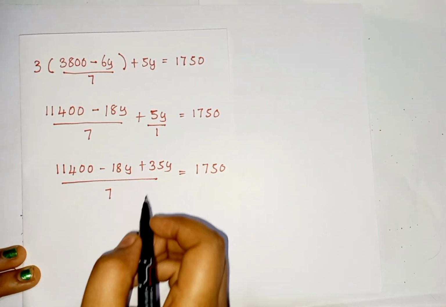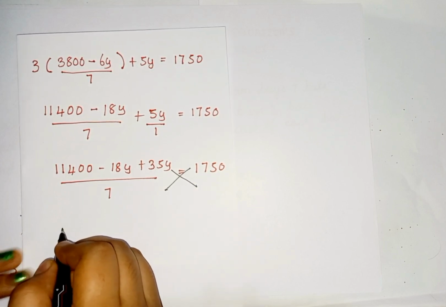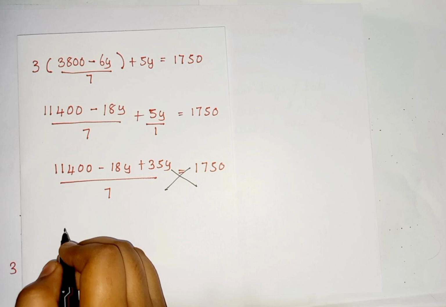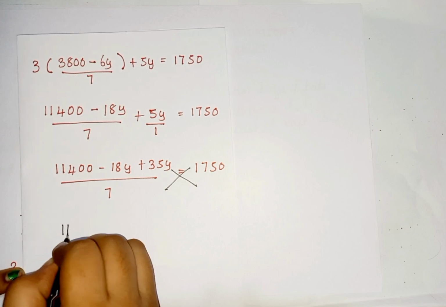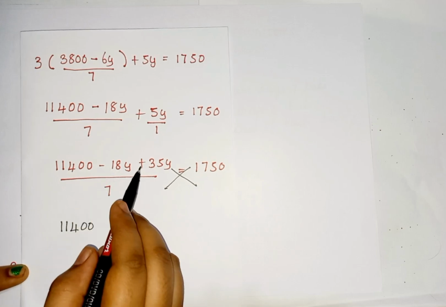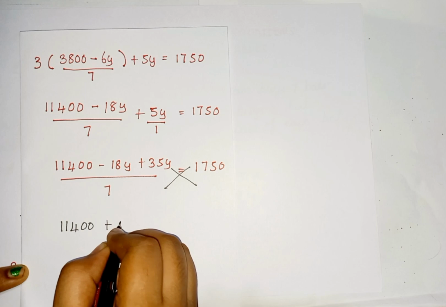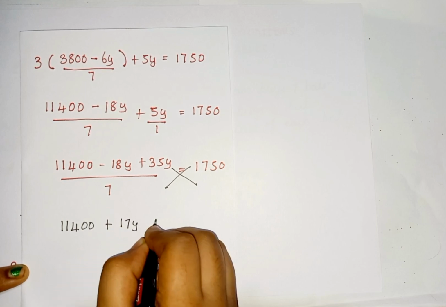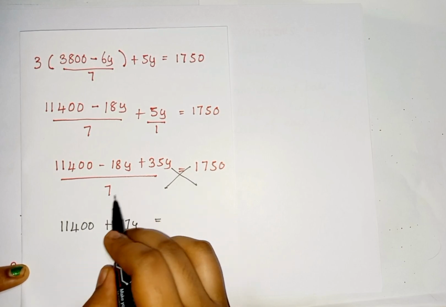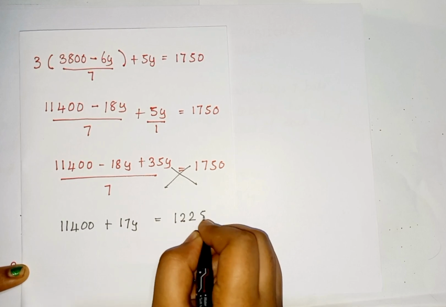Okay, so now I'm going to cross multiply them. When I cross multiply, I get 11,400, and here we are supposed to solve it. Plus and minus is minus. When we solve them, we get 17y is equal to 1750 into 7. When we cross multiply, we get 12,250.